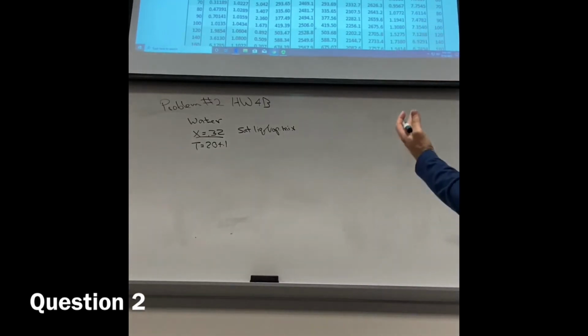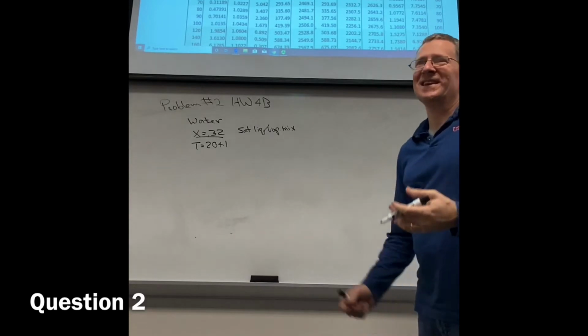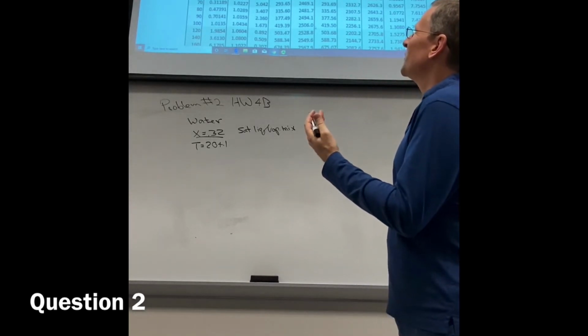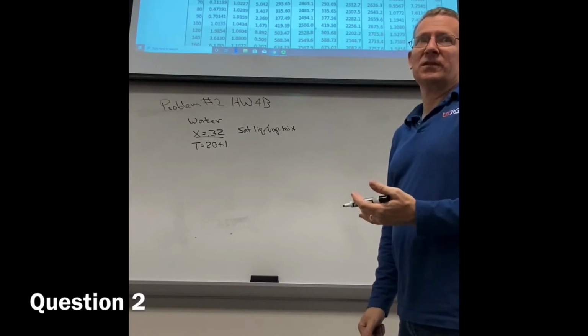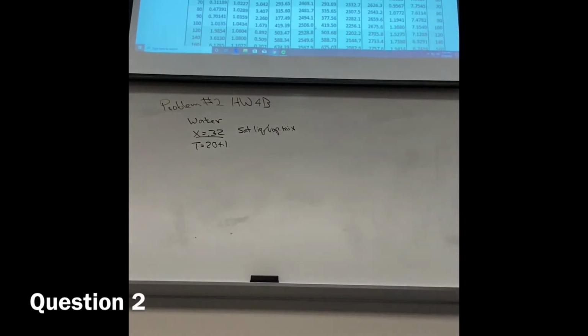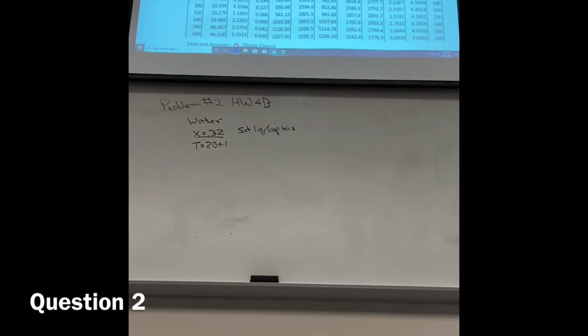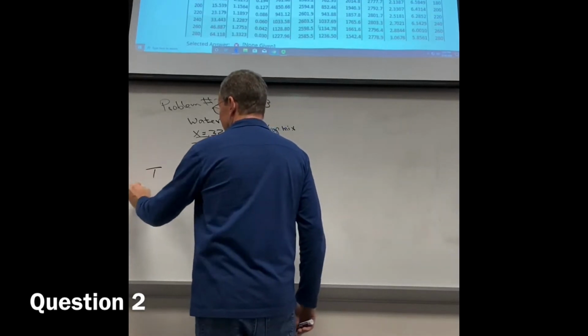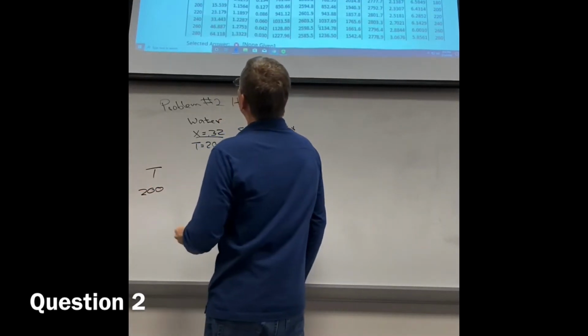So now this is really no different than the last problem, because what you notice is there's only one pressure given for that temperature, right? So if I go down to something that brackets 204, I have two values. T equals 200 and 220.